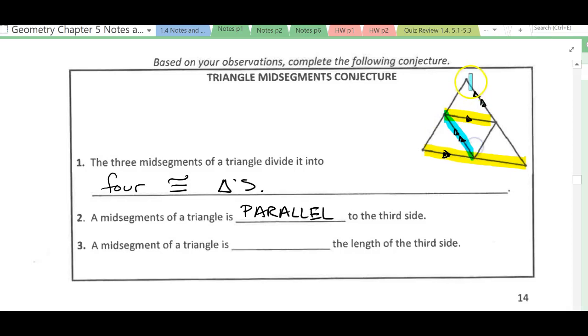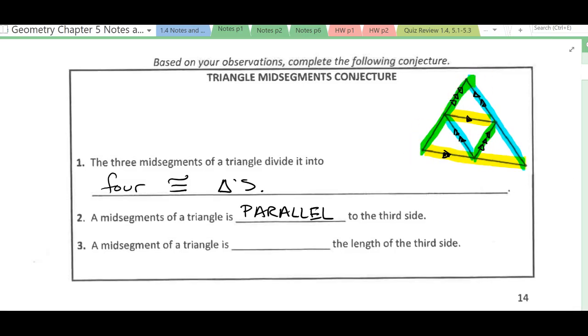So these are parallel. So remember, we already figured out that the midsegment is half of the other side of the triangle. And then our last midsegment over here is going to be parallel to this side of the triangle over here. So we'll color code that green.